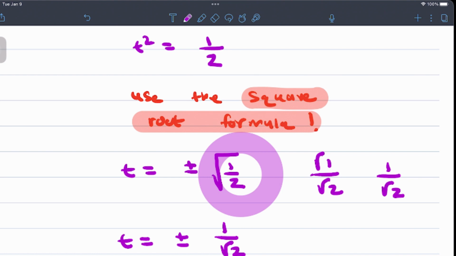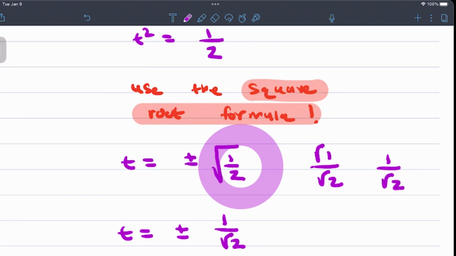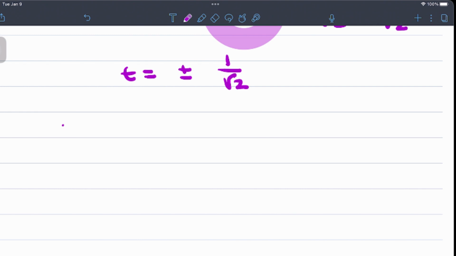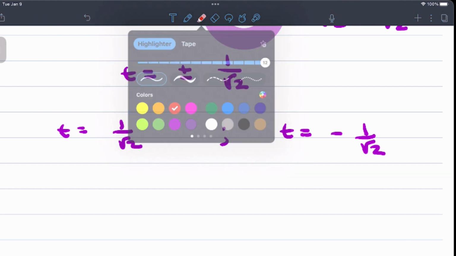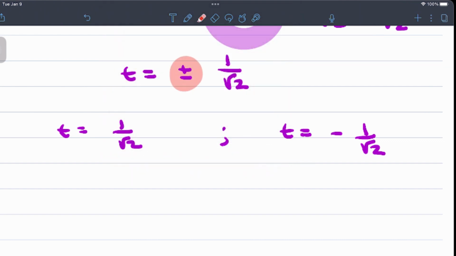I'm going to keep it. Right? Because now this means what? These are two things, right? In one case, it's positive, and in the other case, it's what? Negative, right? Because this is plus or minus.